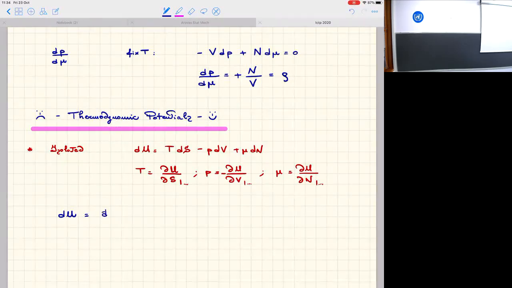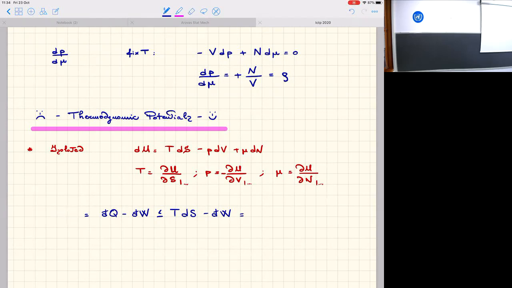So dU is always equal to dQ minus dW. But the point is that dQ is now smaller or equal than TdS in a transformation that is not reversible. Therefore, this is smaller or equal than TdS minus dW.